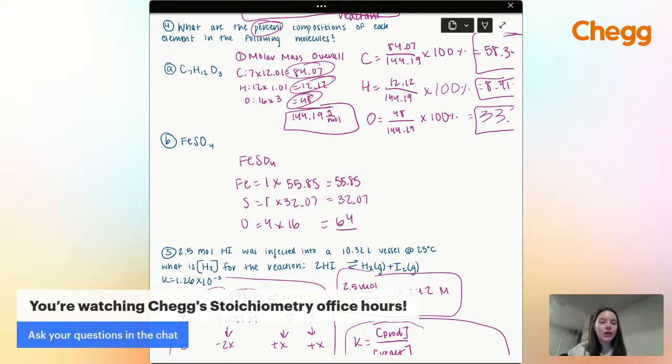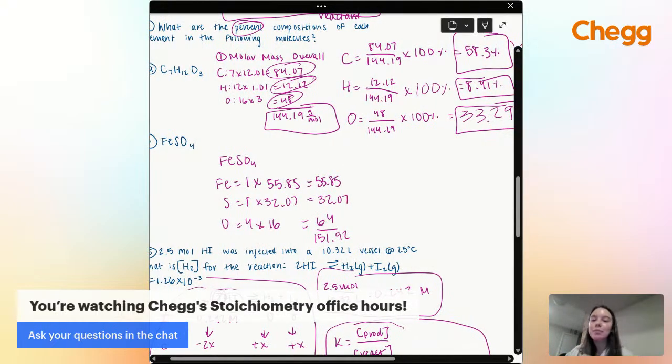Let's add those all together. If you got 151.92, you are absolutely correct. Great job. And then those percent compositions.